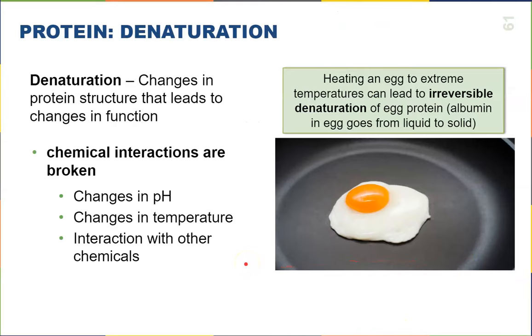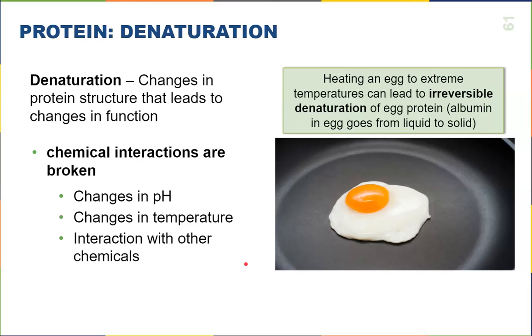Okay, so I said at the beginning where we went over the objectives for protein that structure and function go hand in hand. So if we denature the protein, we would change its function, and we might actually change it to where it can't change back. So chemical interactions are broken in the protein, which causes its function to change.